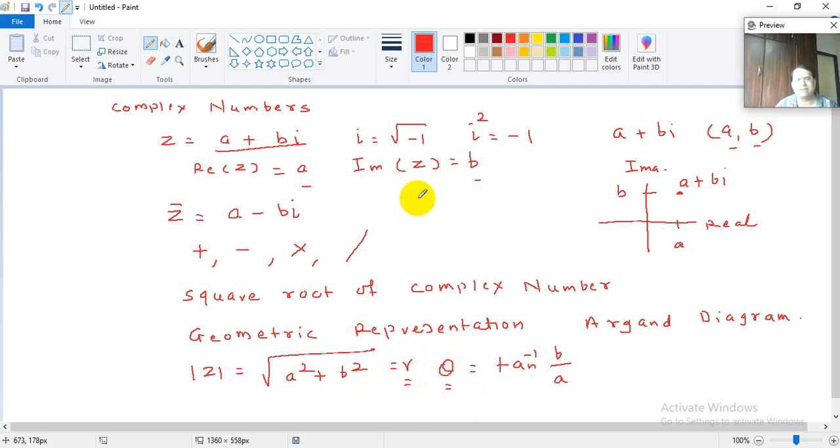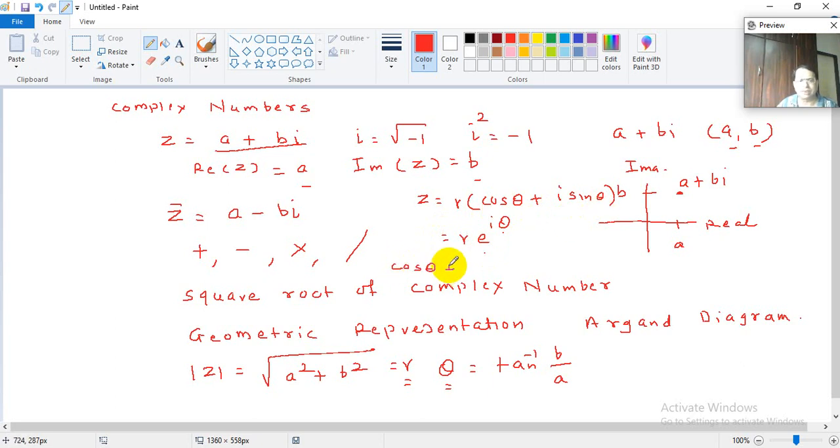Then you can represent z in polar form. You can represent it as r into bracket cos theta plus i sin theta. This is the polar form of the complex number. And this also can be represented as r e raised to i theta, because e raised to i theta is nothing but cos theta plus i sin theta. And then we studied De Moivre's theorem.